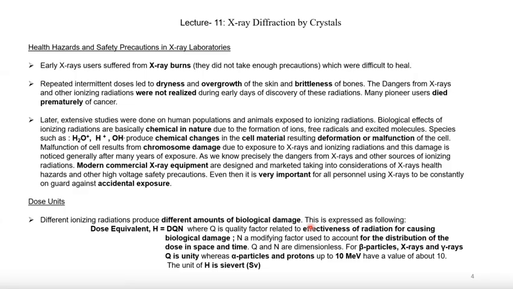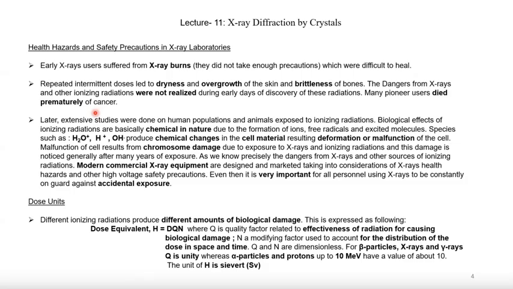Repeated intermittent doses cause dryness or overgrowth of the skin or brittleness of bones. This was not realized in earlier days. So many pioneer users died prematurely of cancer when working in the X-ray laboratories.